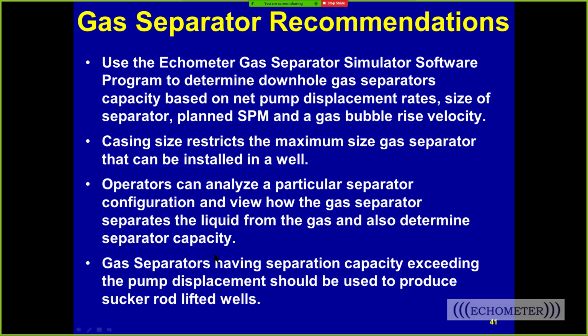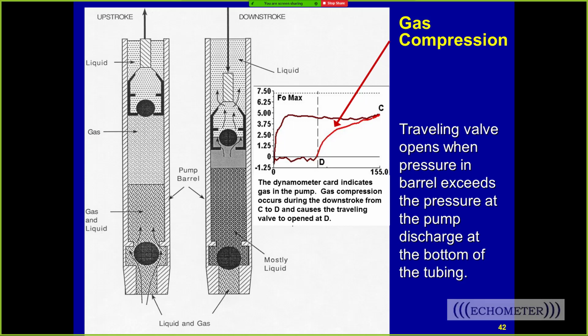And so you should try to design a separator that has a gas separation capacity that exceeds your maximum pump displacement. And a gas separator is what you use to address your problems due to gas separation.